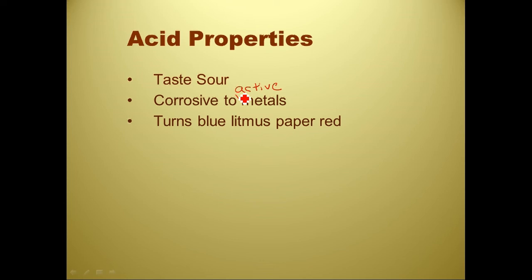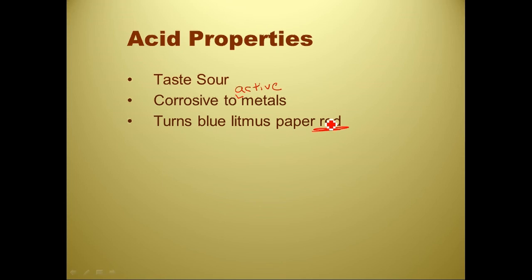You dip the piece of paper in it, it gets wet, and it either stays blue, if it's blue litmus paper, or it turns red. If it's red litmus paper, it either stays red or it turns blue. Either color that it turns to, it's telling you the same thing. If it turns red, it's acid. Okay, so red means acid.